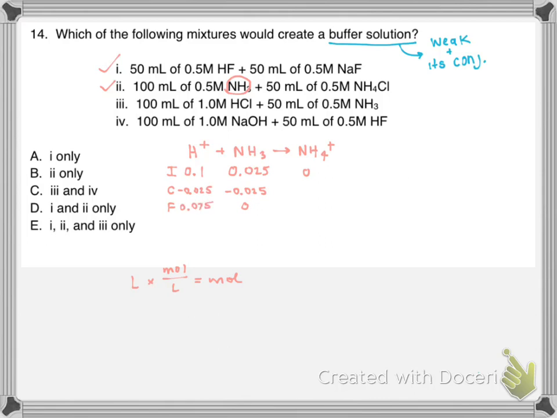And we'll make that much of the ammonium. So what we're left with is a strong acid and a weak acid. So this is not going to be a buffer because we don't have any of the weak base to go with its conjugate. So 3 is out.